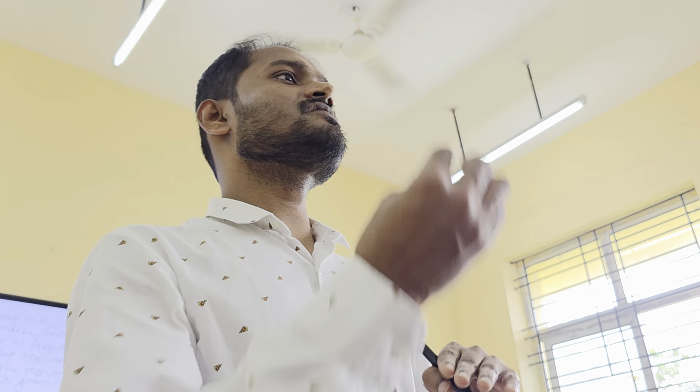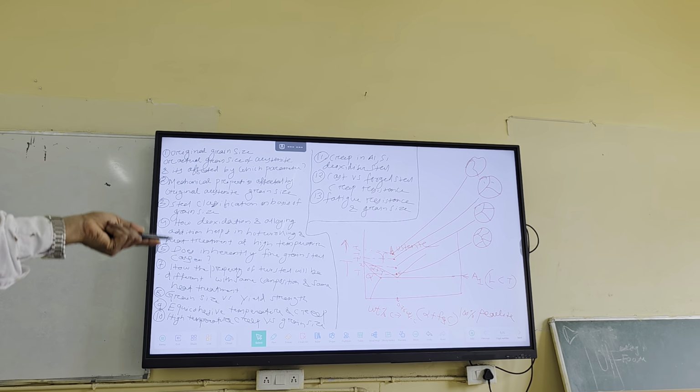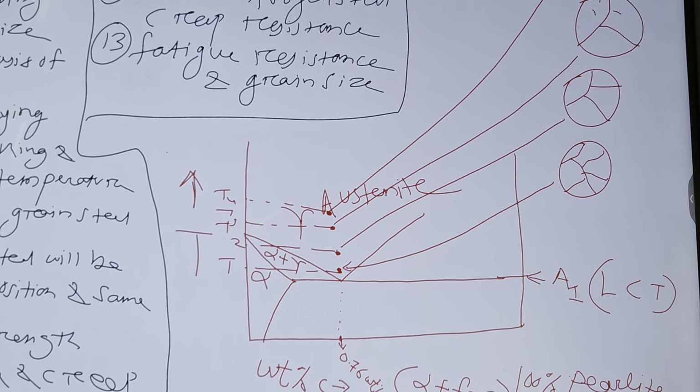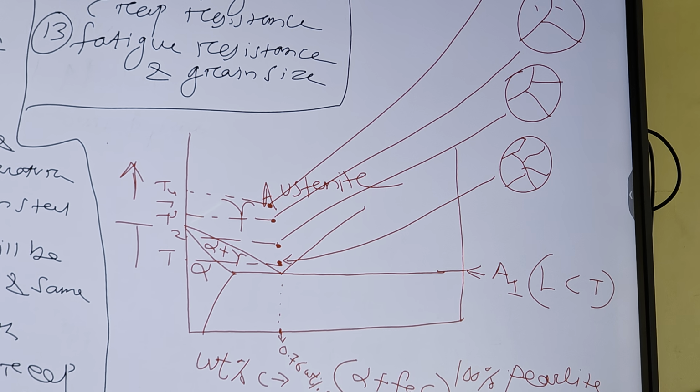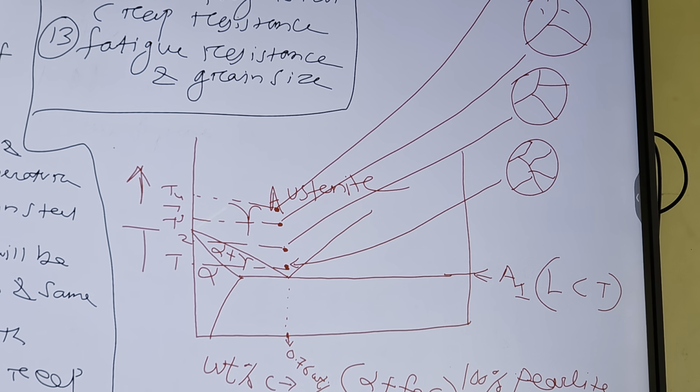In other words, I can simply say, lower is the transformation temperature, finer is the size of the grain produced. Okay, that means when you do transformation from T1, you end up with very fine grain size, or fine pearlite. But if you start the transformation from T4, you end up with coarse pearlite.